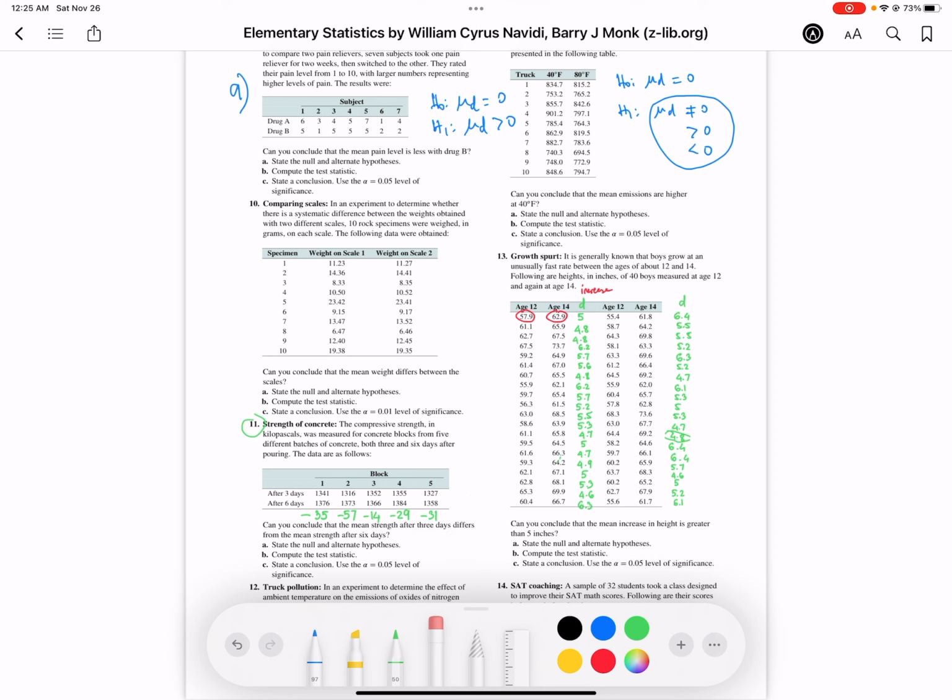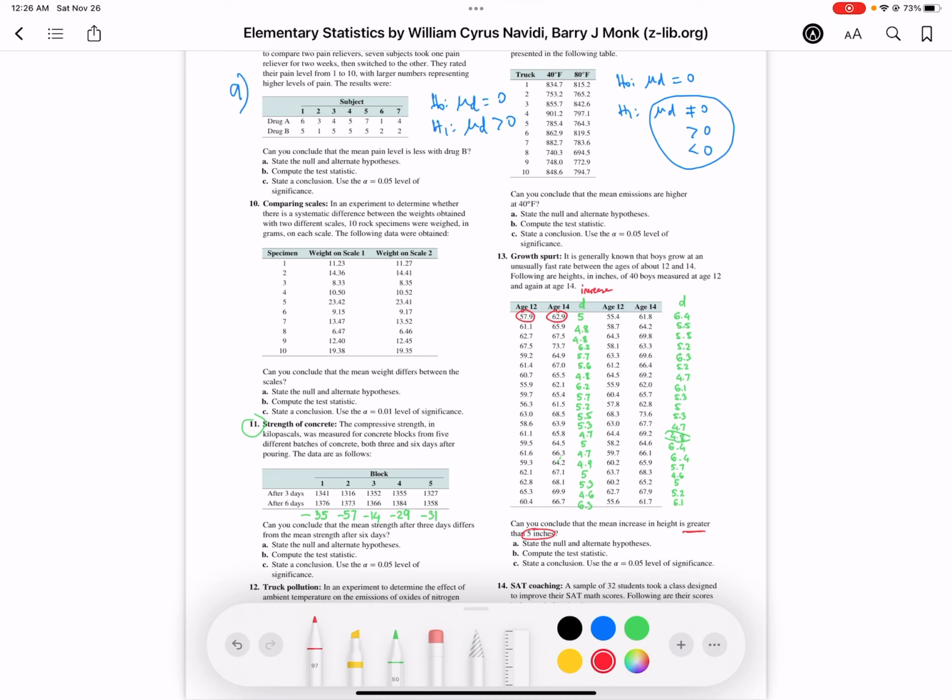Now problem 13. Can you conclude that the mean increase in height is greater than 5 inches? So when they say more or less or different, like 9 and 11, we will use 0. But in this problem, they're telling us the increase is greater than 5.